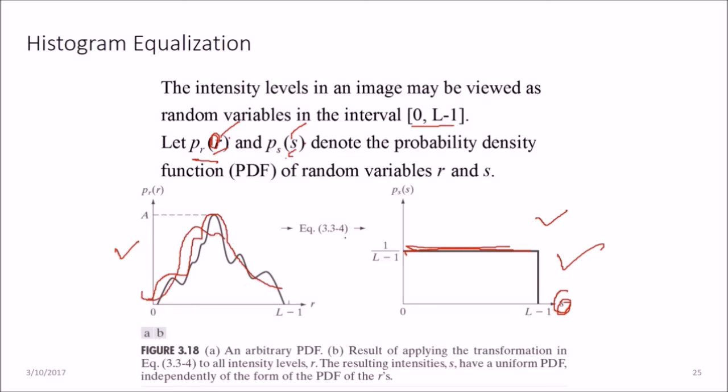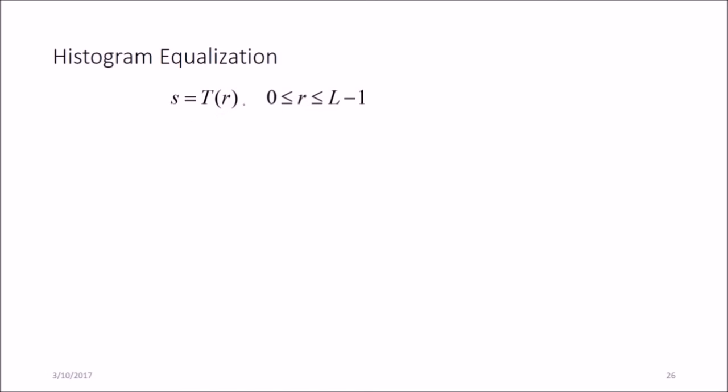So it was like this, and once you apply a certain transformation, we can get the uniform distribution of the PDF. So histogram equalization is applying the transformation on R to get S, where R belongs to 0 to L minus 1, that is 0 to, say, 255 if it is an 8-bit image.